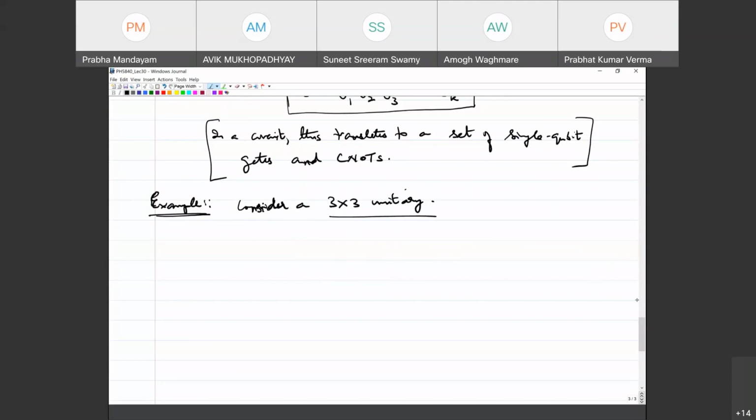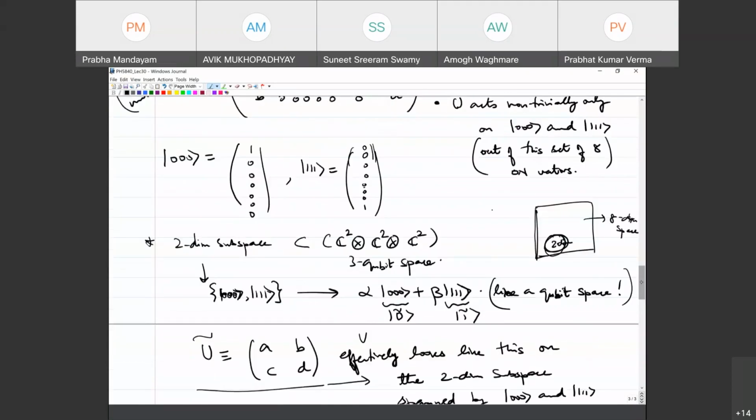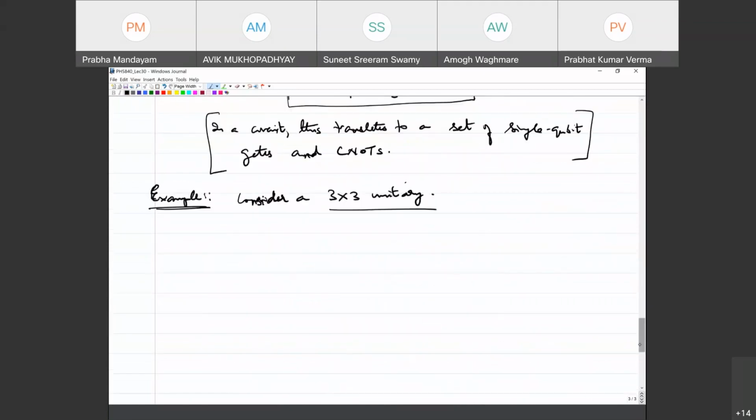The 3 qubit unitary is on an 8 cross 8, 8-dimensional space. Now I'm talking about a 3 cross 3 unitary, so it could be some unitary operation on a 3-dimensional quantum system.